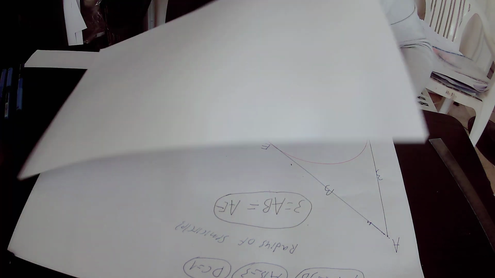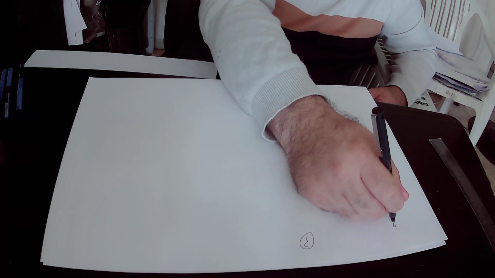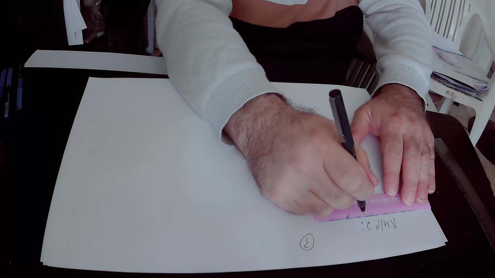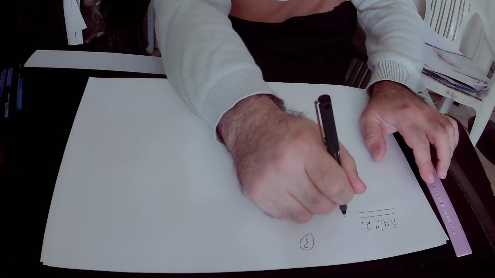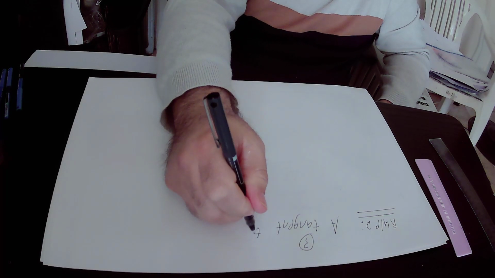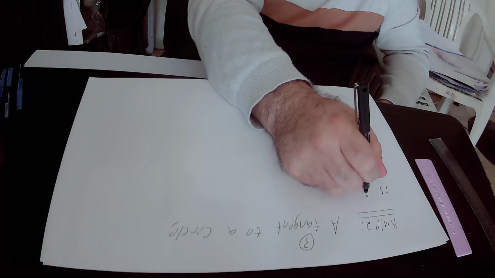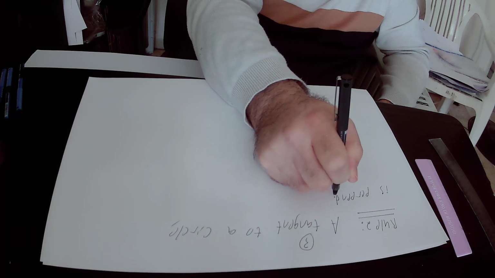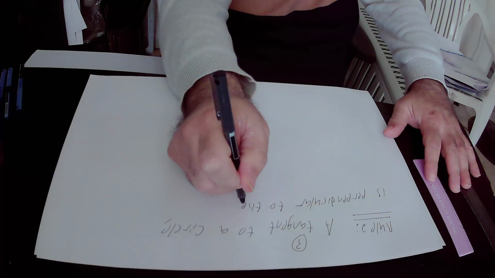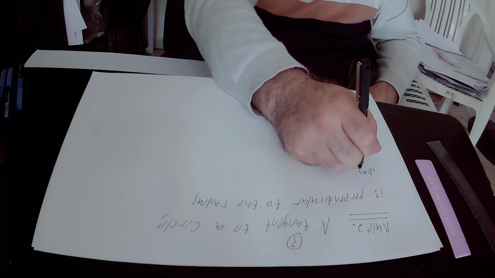So actually, rule number 2 states that a tangent to a circle is perpendicular to the radius drawn to its point of tangency.